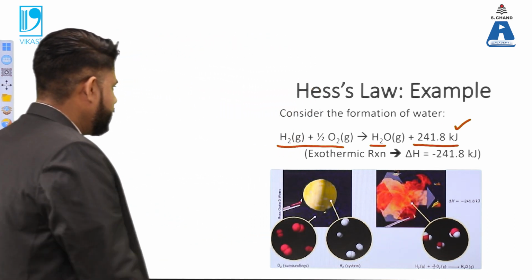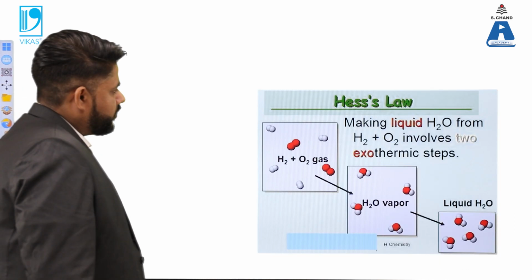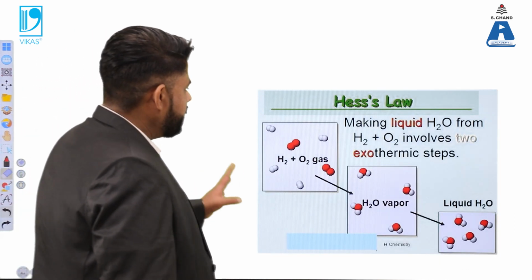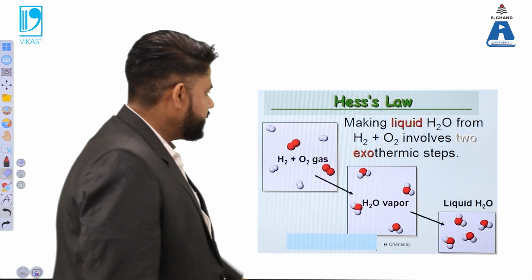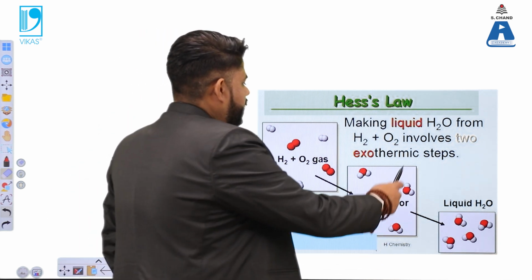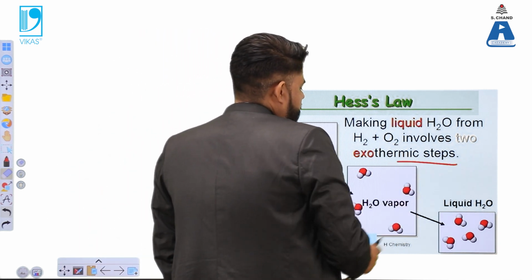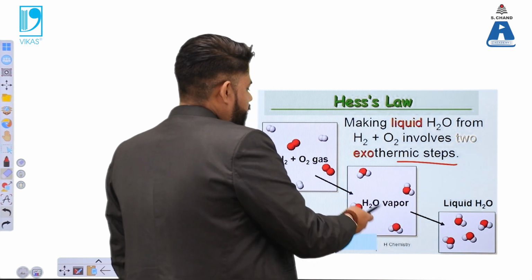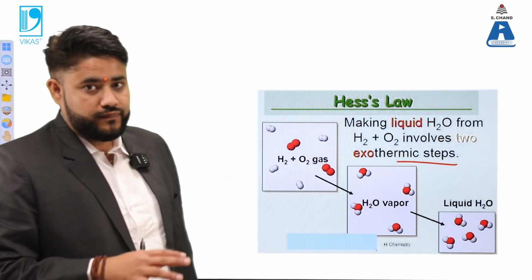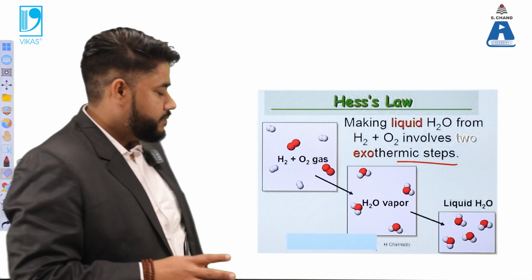So this is one of the cases of formation of water. Now, if making liquid water is done in 2 exothermic steps, then the sum of those 2 would be the total heat of reaction.